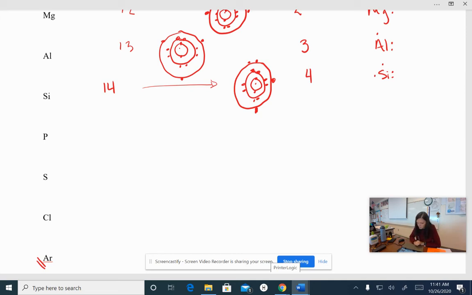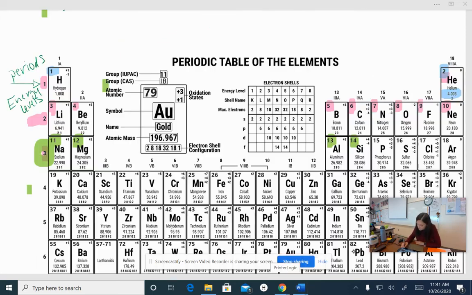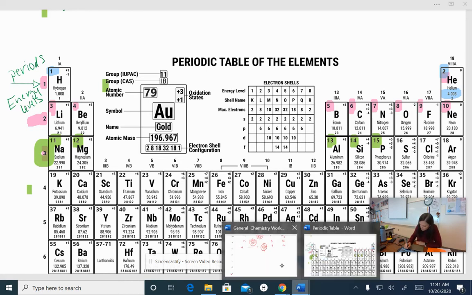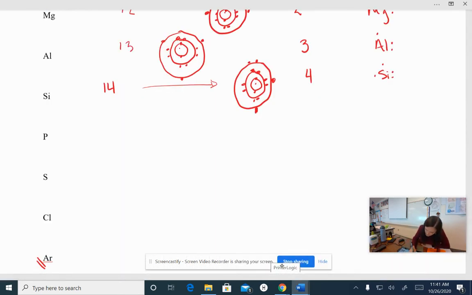How'd you do? Okay, phosphorus, 1 more, 15 electrons. So 15 electrons for phosphorus. We're going to have 2 on the inner, 8 on the second, and 1, 2, 3, 4, 5 on the third.